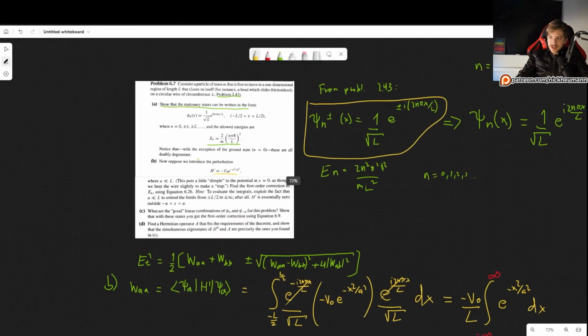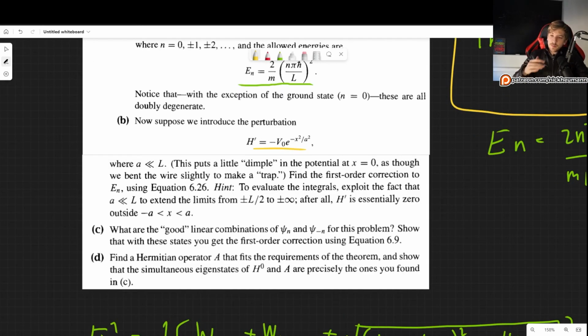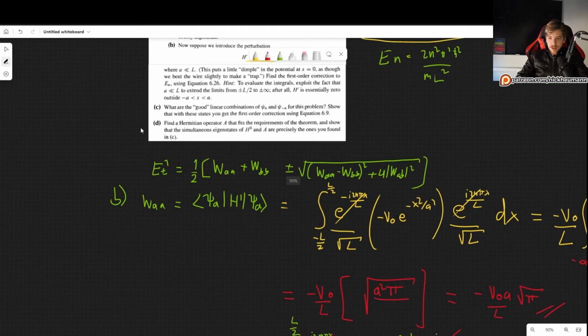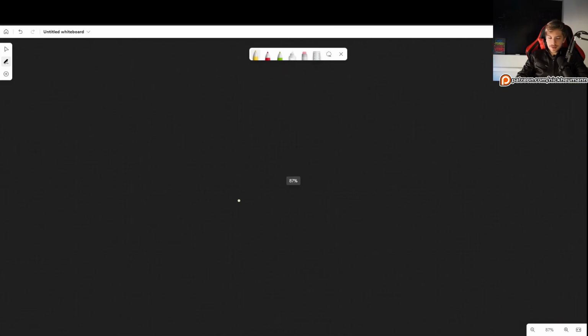Now it was a little bit tedious, but it was simply a matter of solving integrals. Now part D says, find a Hermitian operator A that fits the requirement of the theorem and show that the simultaneous eigenstates of H0 and A are precisely the ones that we found in C. So this part is relatively quick, but it can be a little bit confusing.